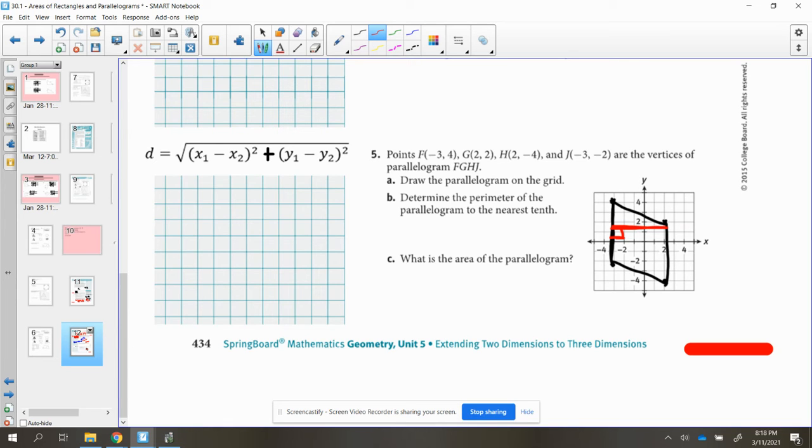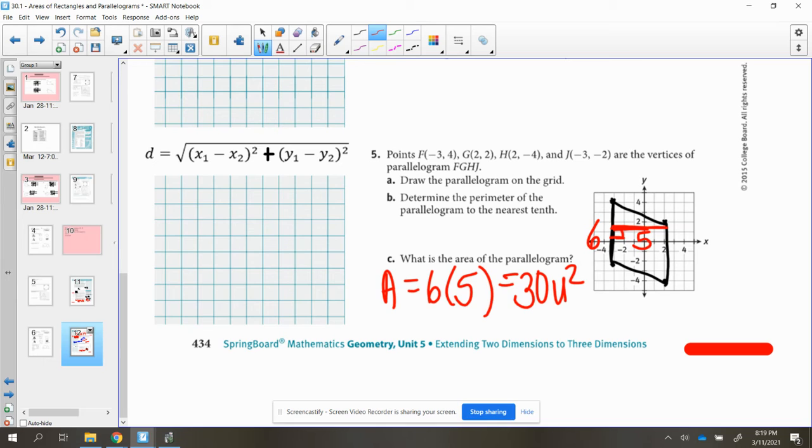So to go from our value of 4 down to -2, this is a total of 6 units, and the height from -3 to 2, this is 5 units. So the overall area is just going to be 6 times 5, or 30 units squared.